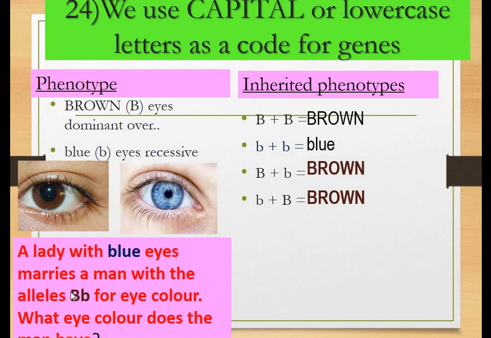The man has brown eyes, big B, small b. The capital brown is dominant over the recessive blue. So that would be the answer for question 24. You can write this out. Pause the video.